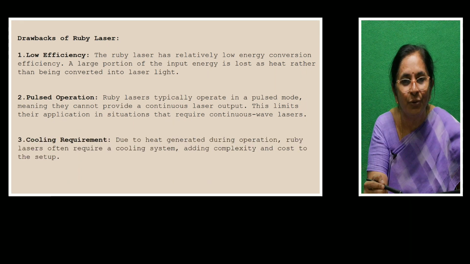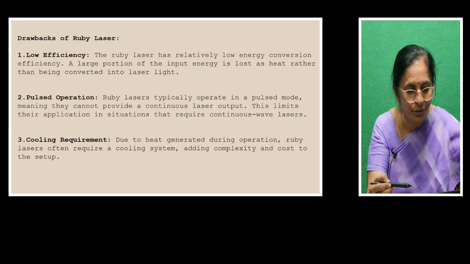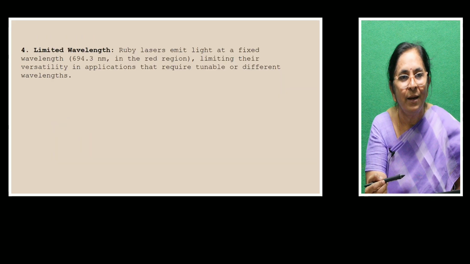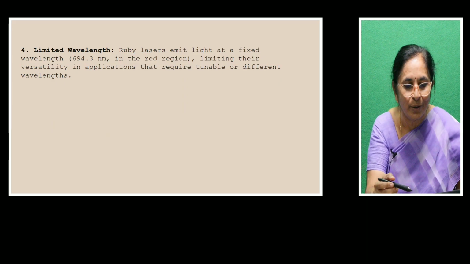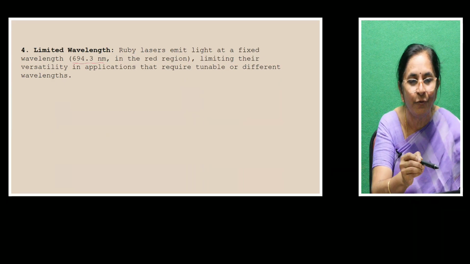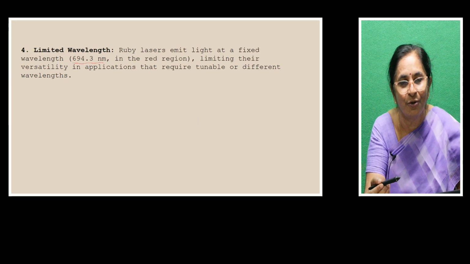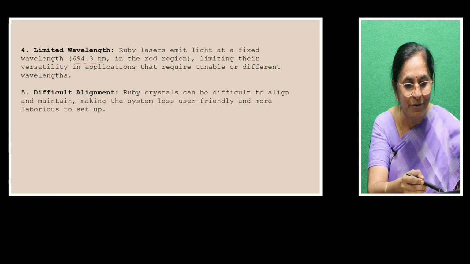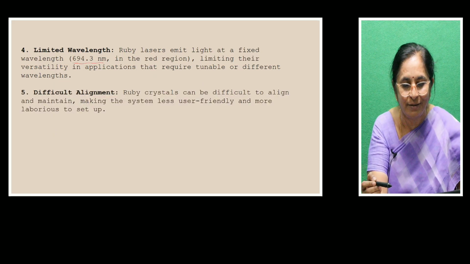Whenever you use a xenon lamp, you need cooling arrangements. Then they have limited wavelength; only one particular wavelength, 694.3 nanometer, comes out, whereas for applications we need lasers with higher wavelengths, many wavelengths. So this gives out laser pulses with a single wavelength only, and the alignment is very, very difficult.